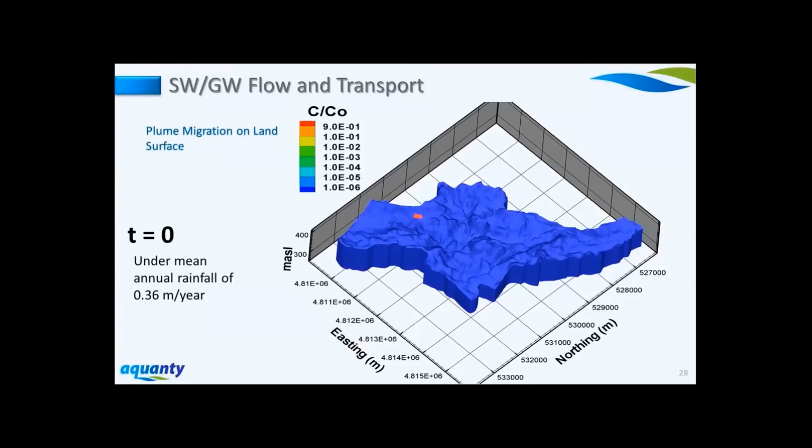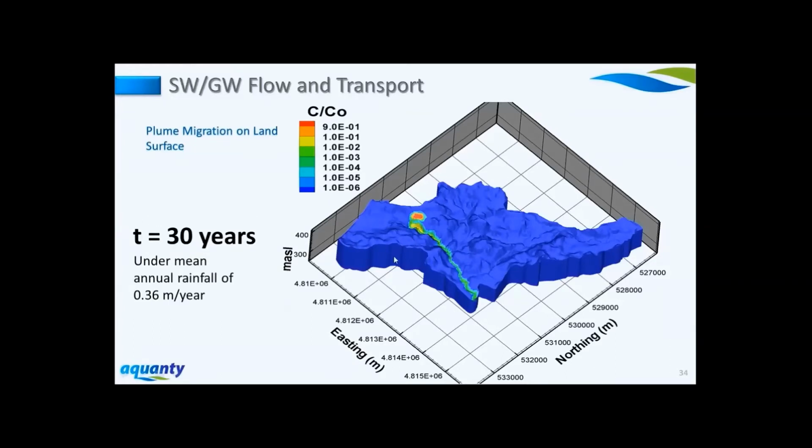And over time, with an annual rainfall average of about 0.36 meters per year, we see that this contaminant source will migrate. Now looking at the surface perspective, we see the migration of the contaminant along the field boundary, but also if you look closely, we see the contaminant emerging on the stream channel, and then over time, the concentrations build up in the stream channel.